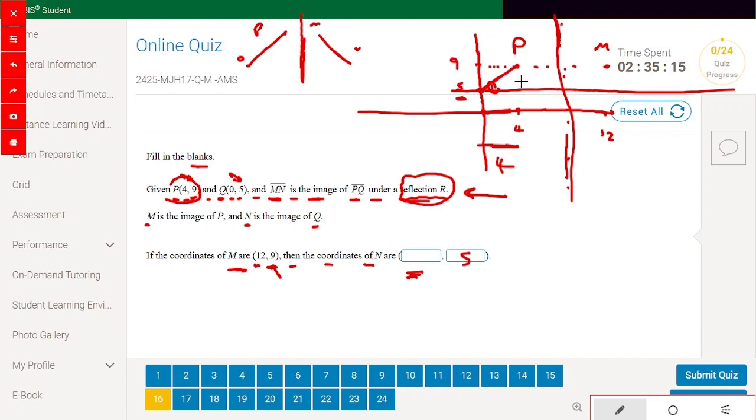And the distance between B and Q is 4, so the distance between M and N also is 4. So M starts at 12. So we have 4 units, so it will be 16. So the end point will be at (16, 5). Because if we draw the line, you see the lines are a reflection of each other. You got this point?